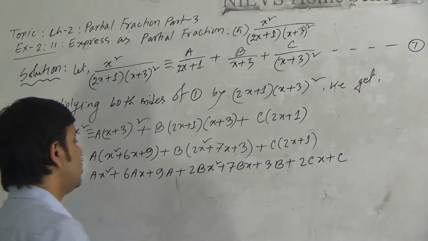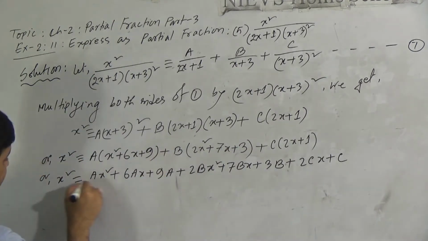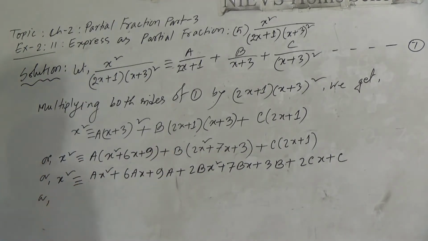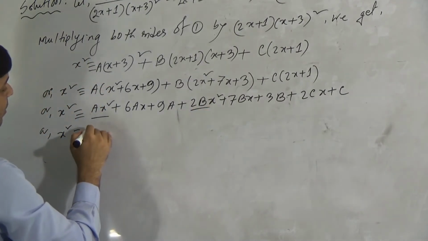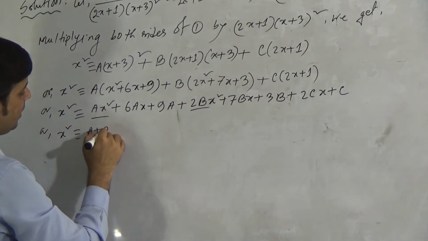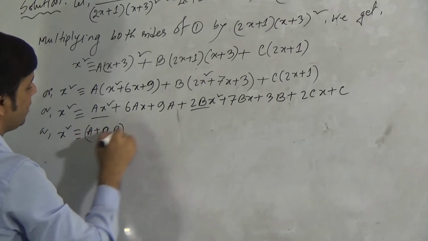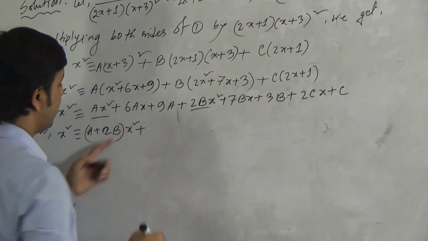Okay, dear students. So this is the equation. Now again we can calculate here. As we are observing the similar terms here, we can write a plus 2b into x square, if we take the x square as common.